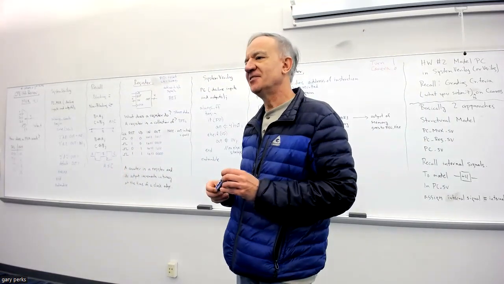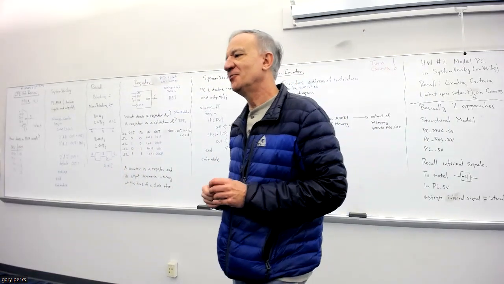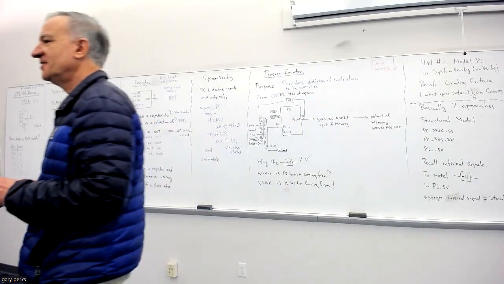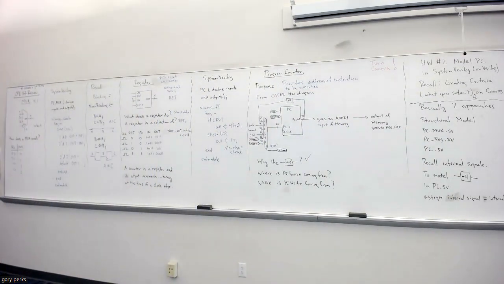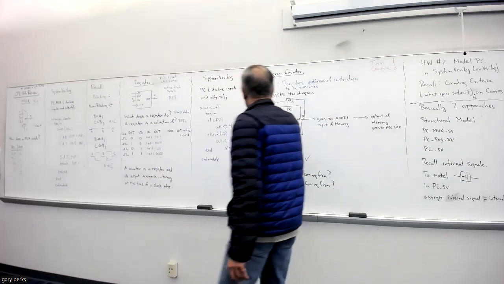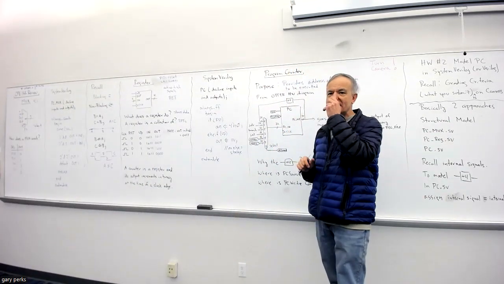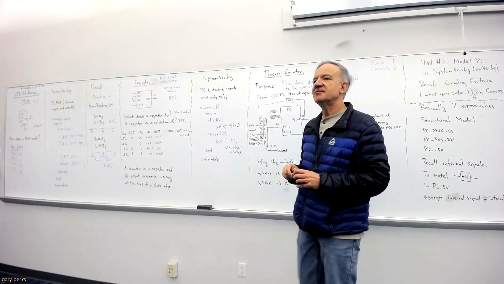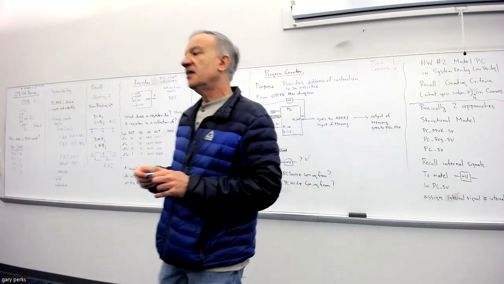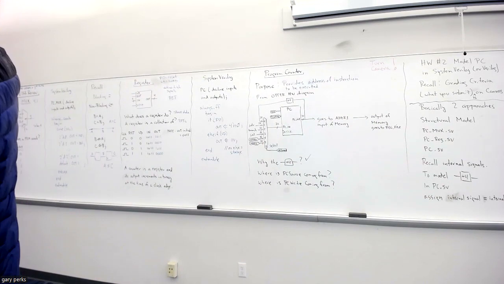Does anyone see it? Where's PC source? So PC source is here, going to the select line, but where else on the diagram? There's another module, up in the upper right-hand corner.